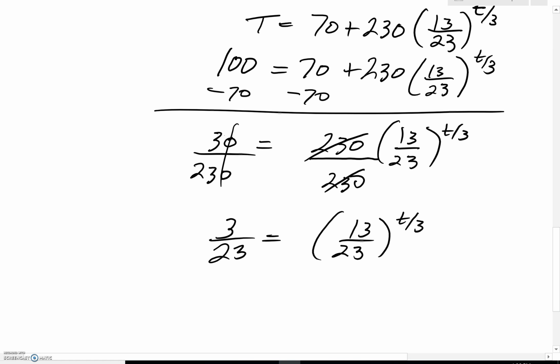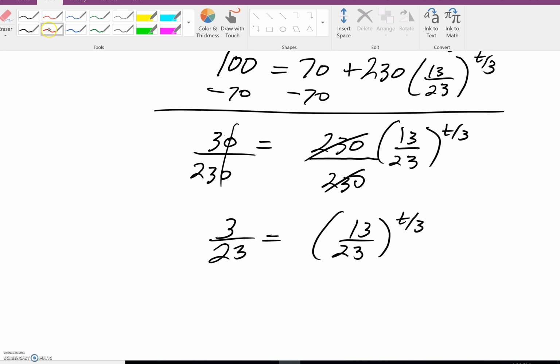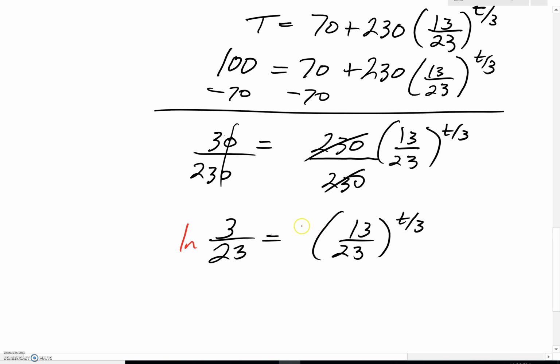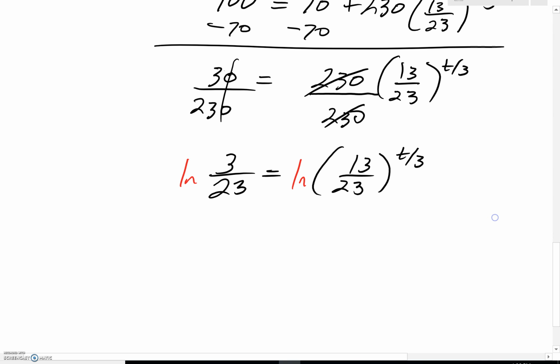How do we continue? I got to get my t. Yeah, take a natural log. Absolutely, definitely. When we take an ln on both sides, you'll have ln of 3 over 23 right here. But thank goodness you'll get t over 3 to come down.